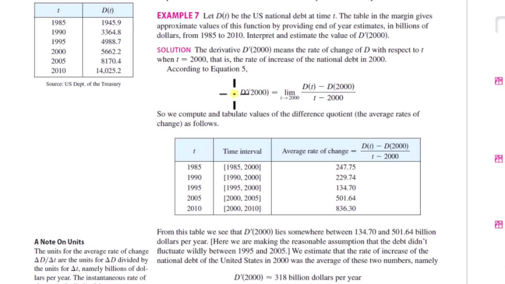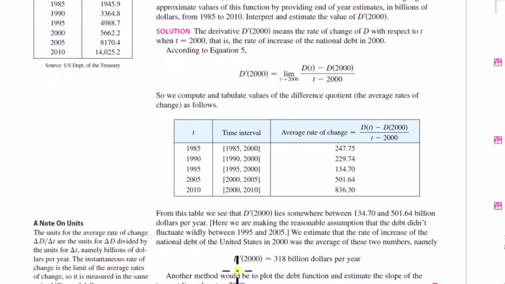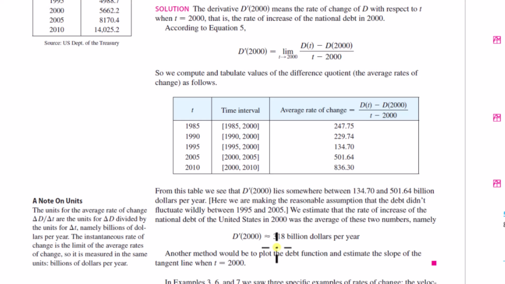Now here's the technical formula for the derivative of the national debt, D prime at 2000, as the limit of the difference quotient at the time t equal to 2000, the year 2000. But here they do an average computation of this derivative, an interpolation between 1995 and 2005, and they get that an estimate for D prime of 2000 is approximately $318 billion per year.